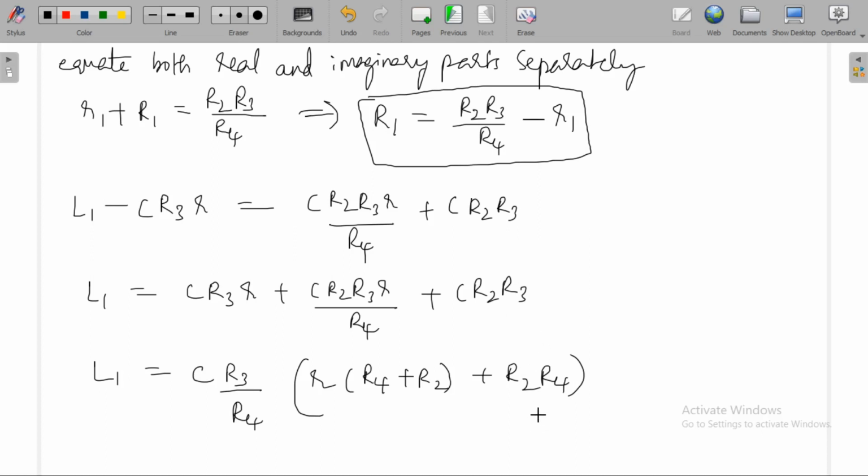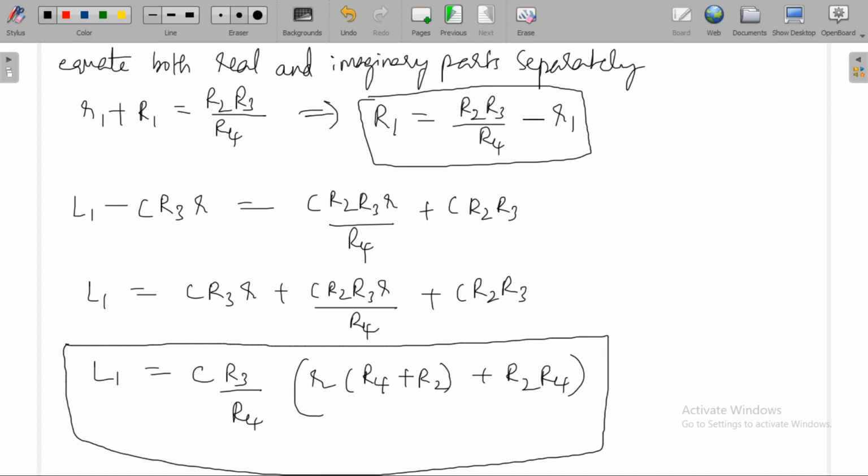This will be R1. This is the unknown resistance, whereas this is the unknown inductance.